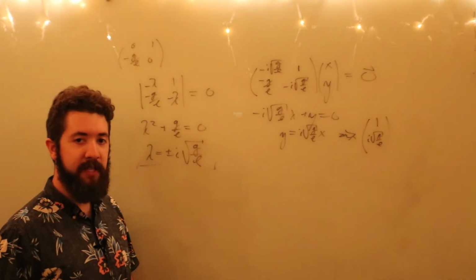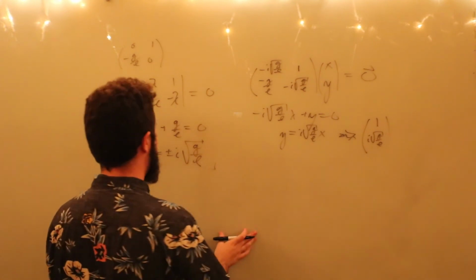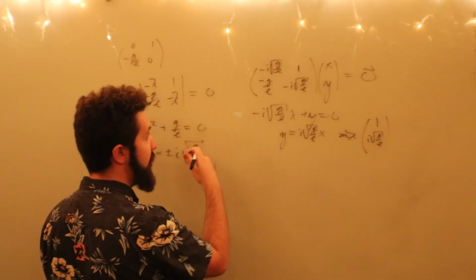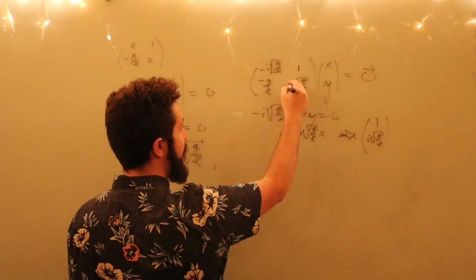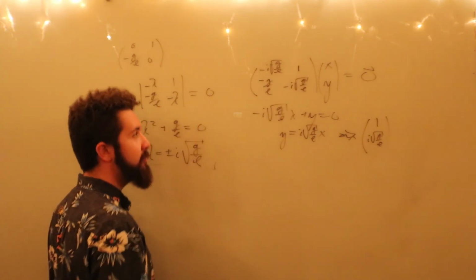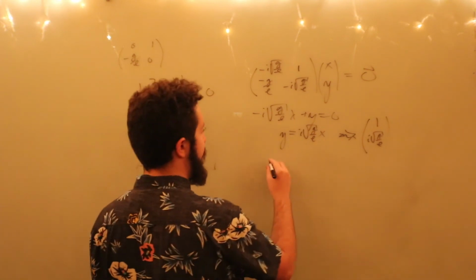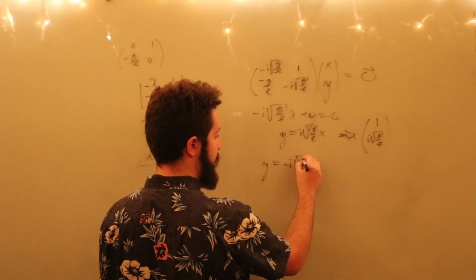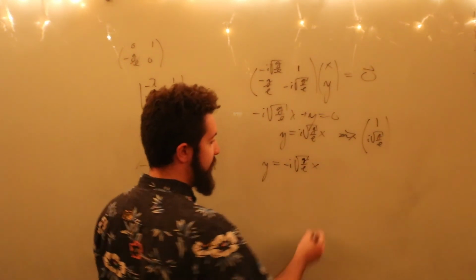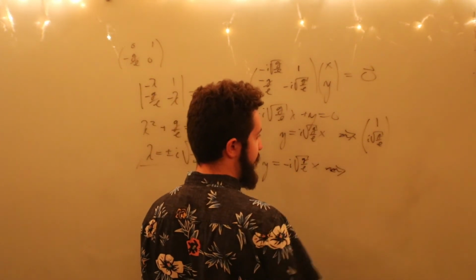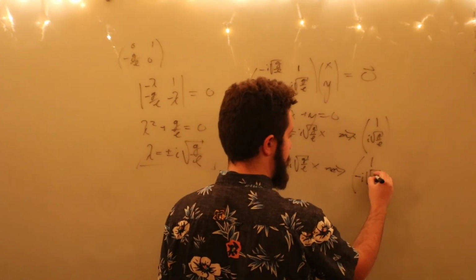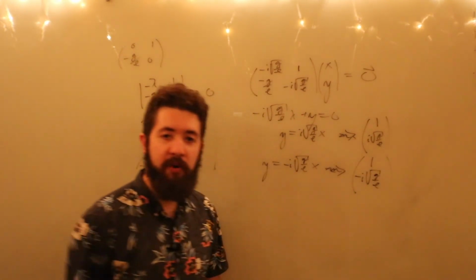Okay, now let's find the other eigenvector. So if we choose this to be the negative value, then minus a minus is a plus, so this will be plus, plus, and we're going to get the same situation. It's pretty simple here, so that we get y is equal to negative i root g over L x, and this is going to give us our second eigenvector, which is [1, negative i root g over L].